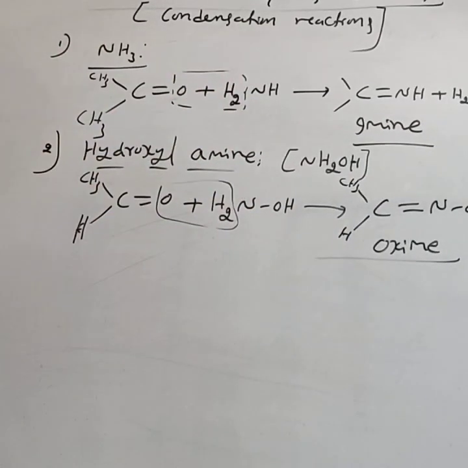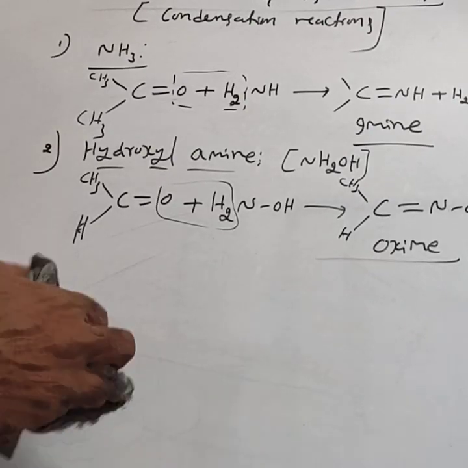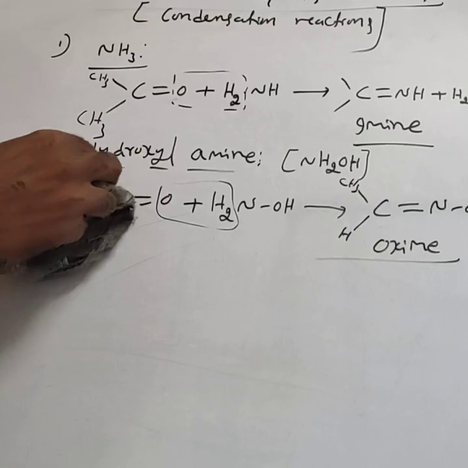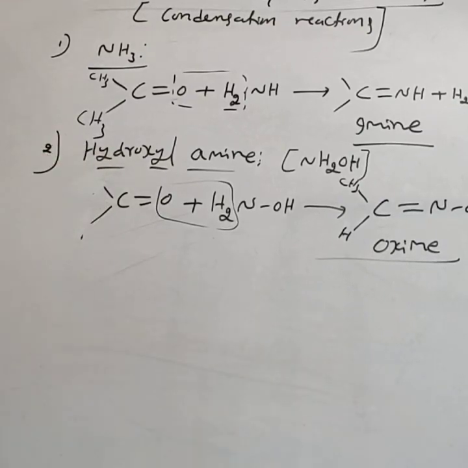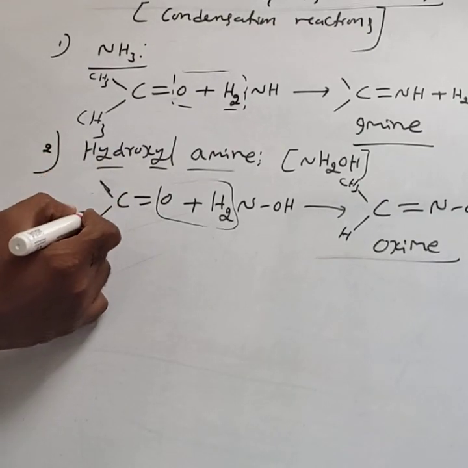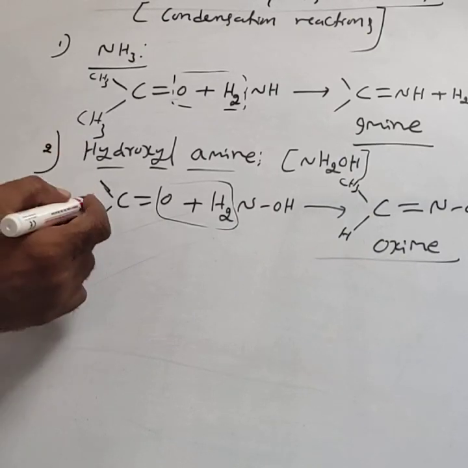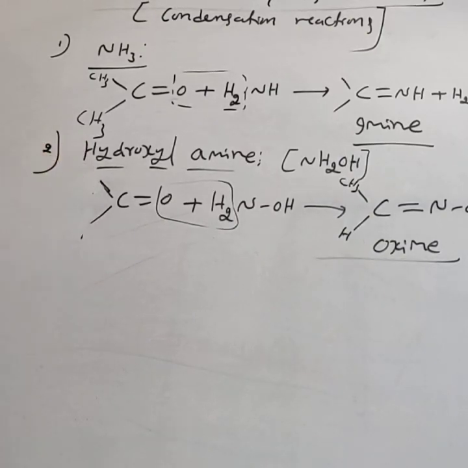Now I am explaining only the general case for the carbonyl compound. In the exam, they can ask either acetaldehyde or acetone. At that time, you have to replace this. If they consider acetaldehyde, then one valency is CH3 and the other is H. If they mention acetone, then both valencies are satisfied by the CH3 group.